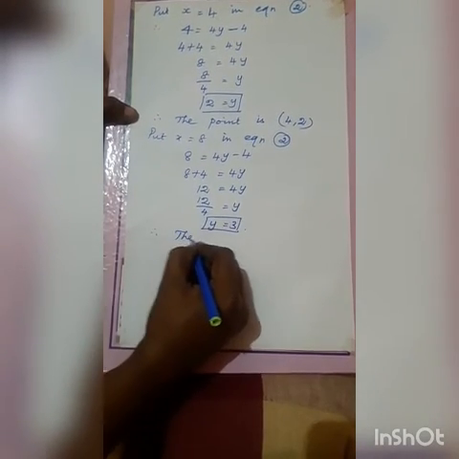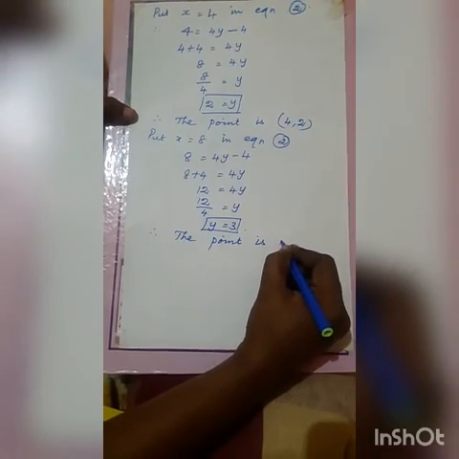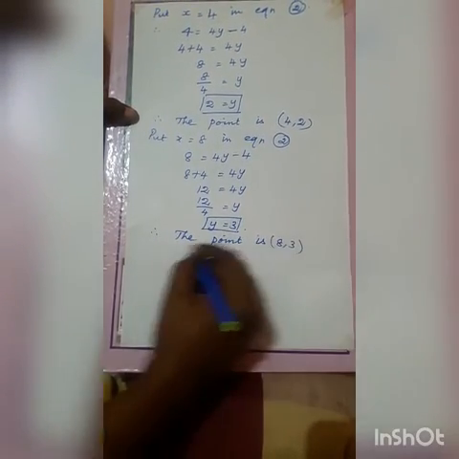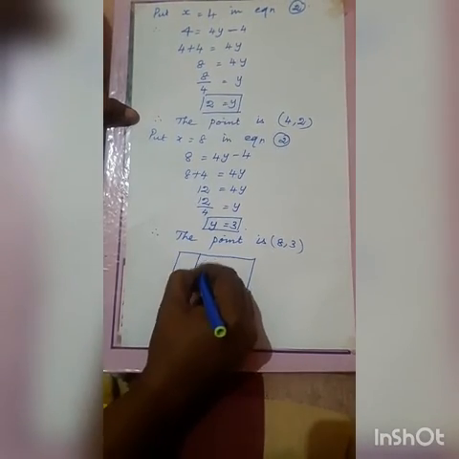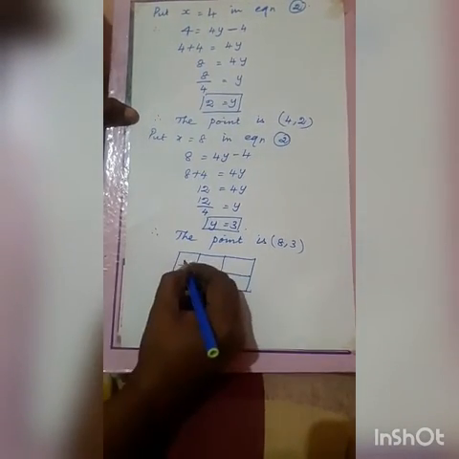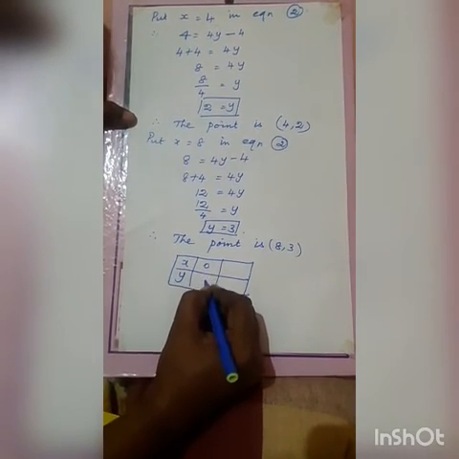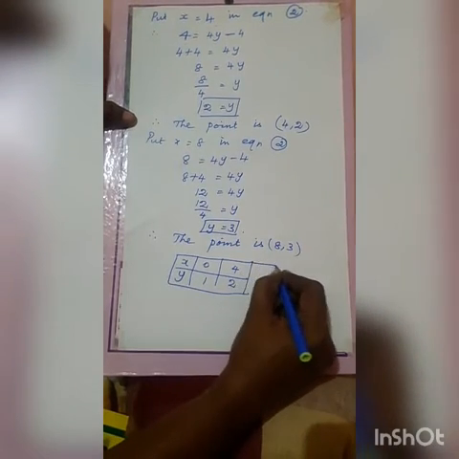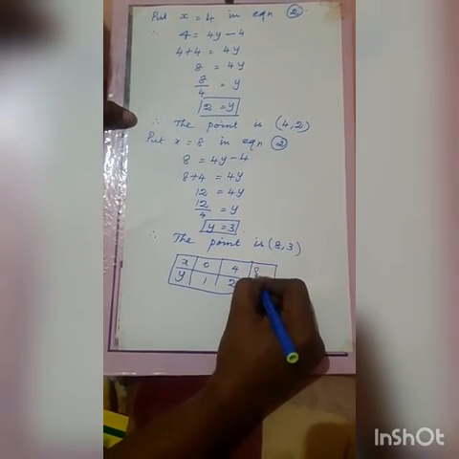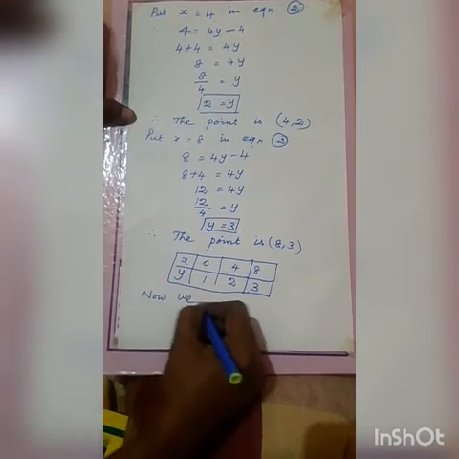Therefore the point is 8 comma 3. Now we have to put in the boxes x, y. The first point is 0 comma 1 and the second point is 4 comma 2 and the third point is 8 comma 3.